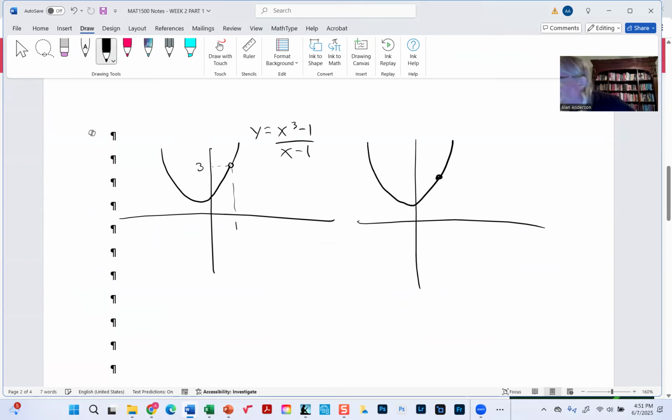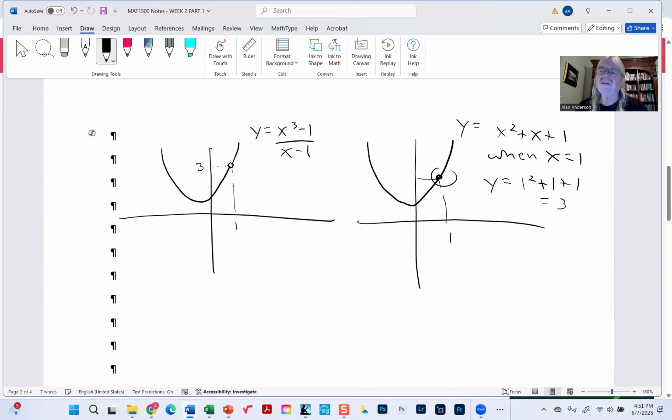I mean, you would just have the curve, but I just want to make it clear that if this is your function, then when you evaluate this at x equals 1, this is part of the function. In other words, x equals 1 is part of the domain. So here the domain is all real numbers.